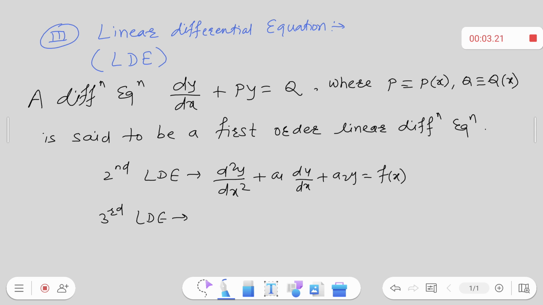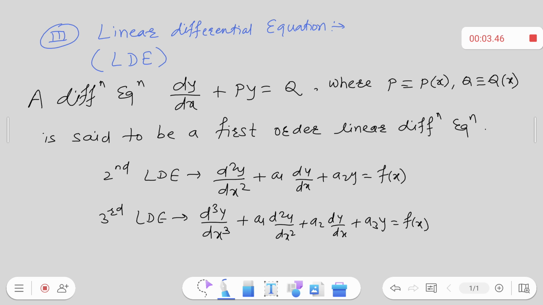Now tell me, what is the third order linear differential equation? The highest order derivative is 3. So d3y by dx cube plus a1 d2y by dx square plus a2 dy by dx plus a3y is equal to some function of x.